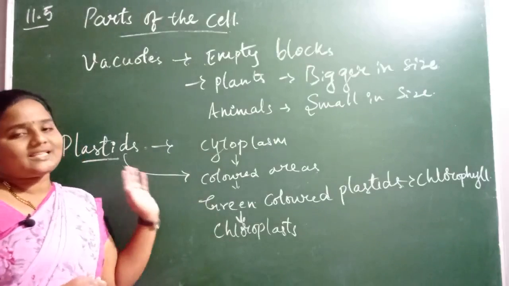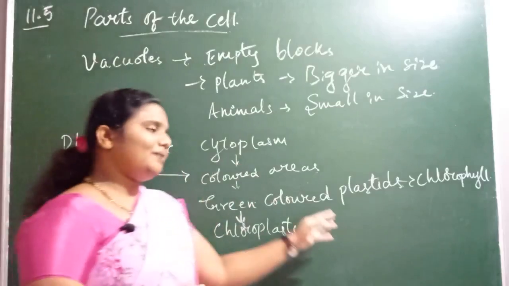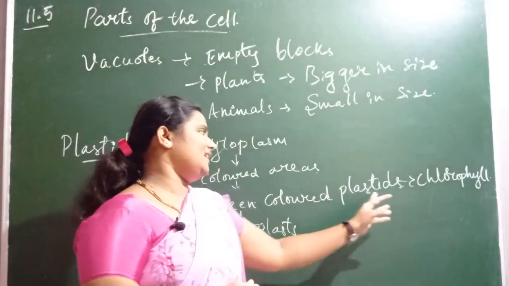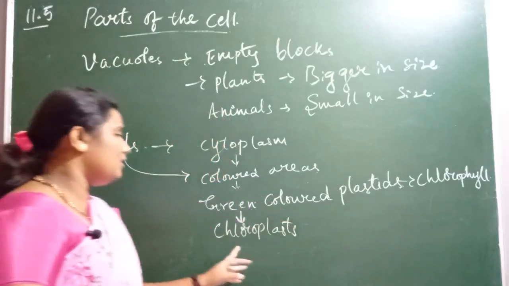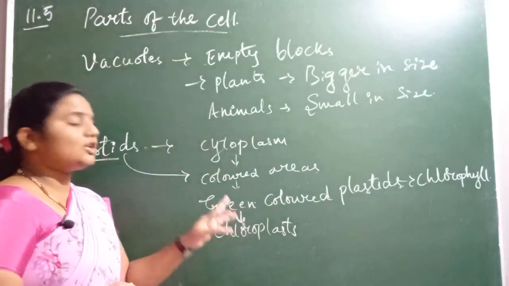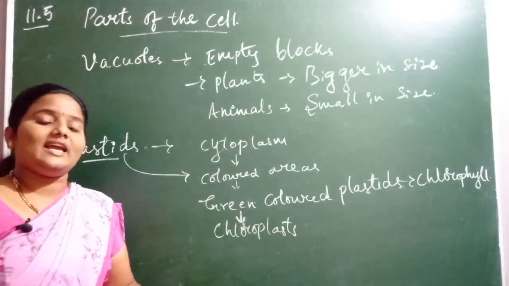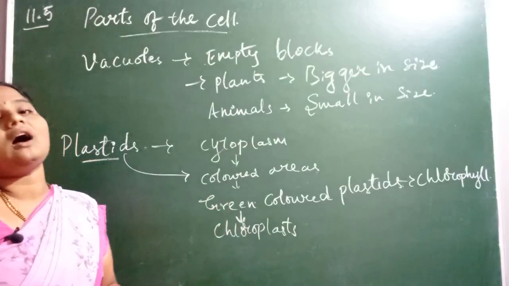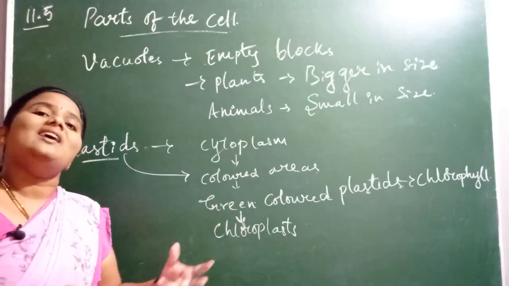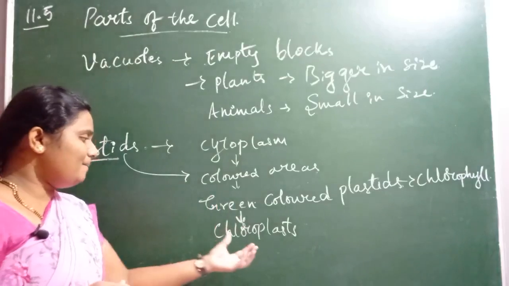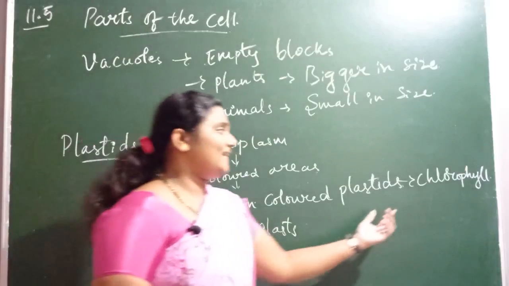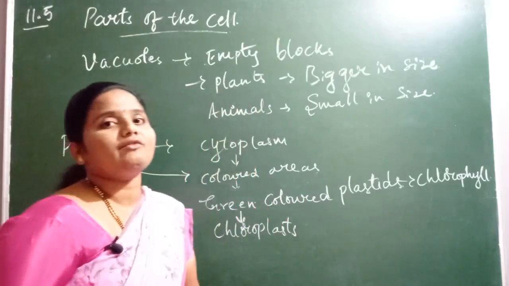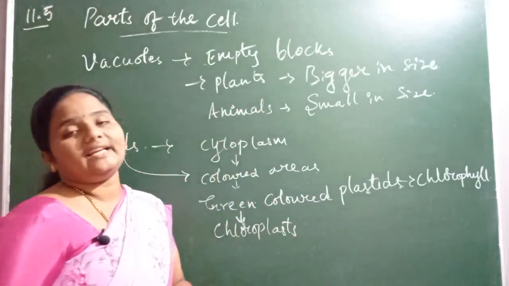If the plastid is green, then it is called a green colored plastid, nothing but a chloroplast. This chloroplast is helpful in photosynthesis and also gives the green color to the plant body. Understand, children? Because of the presence of chlorophyll in the plant body, we see it as green.